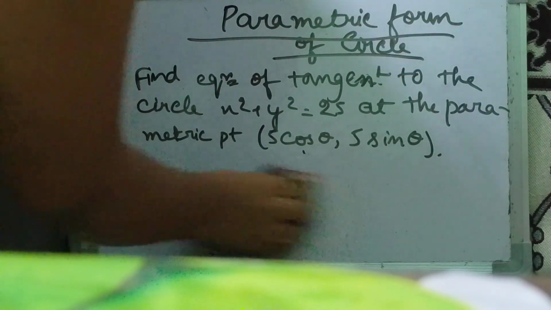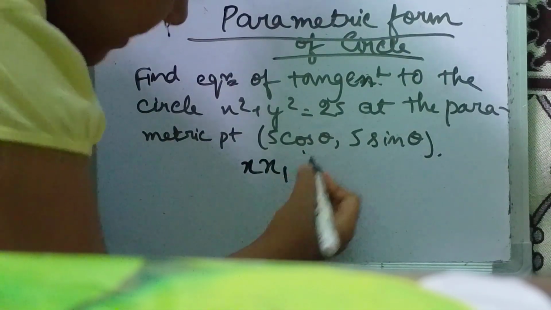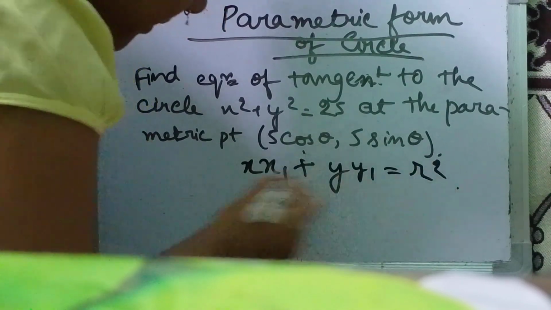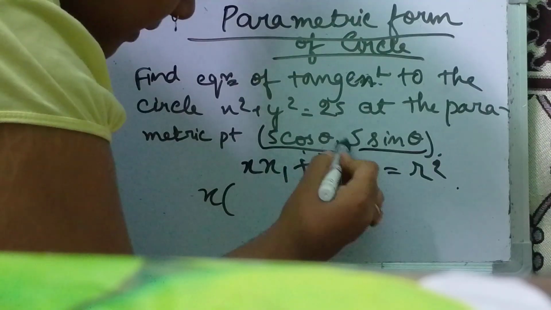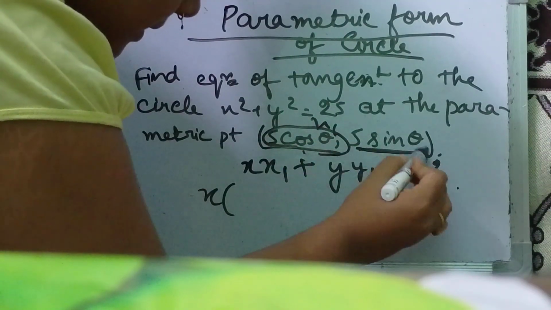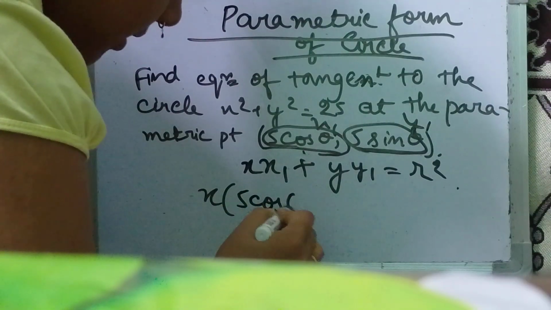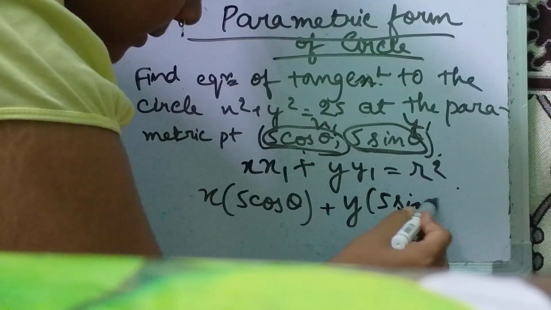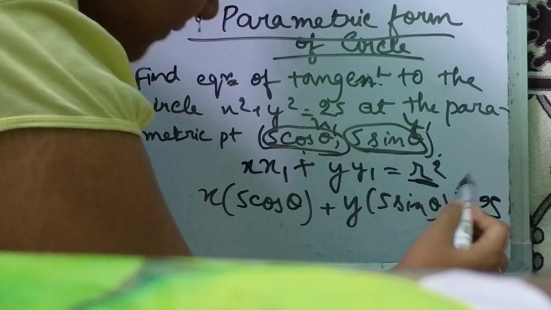We know when a point is given, the equation of tangent is x into x1 plus y into y1 is equals to r square. So x1 is this one, y1 is this one. So x into 5 cos theta plus y into 5 sin theta is equals to 25 because r was 5.